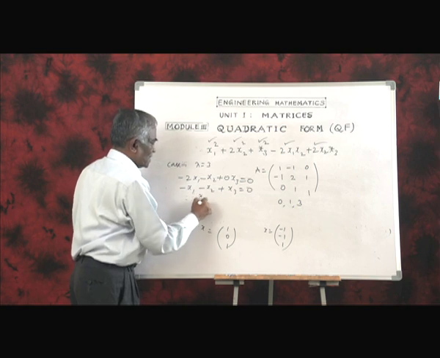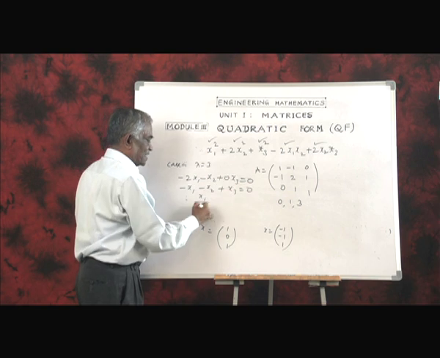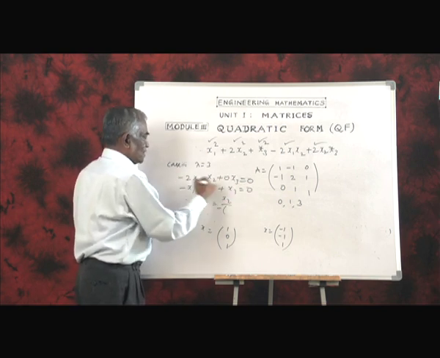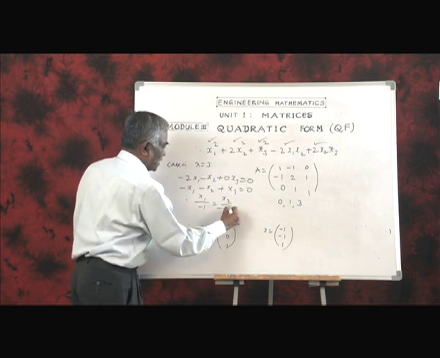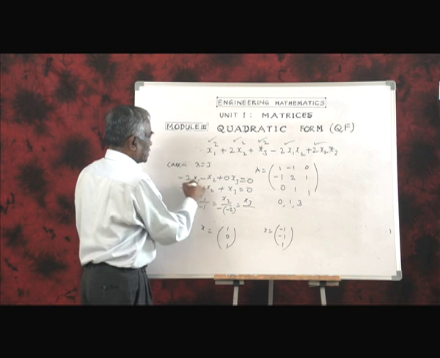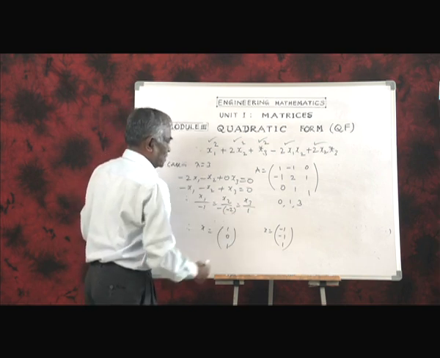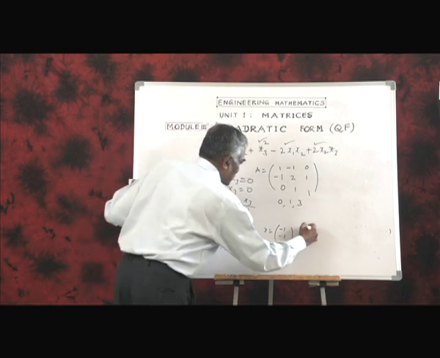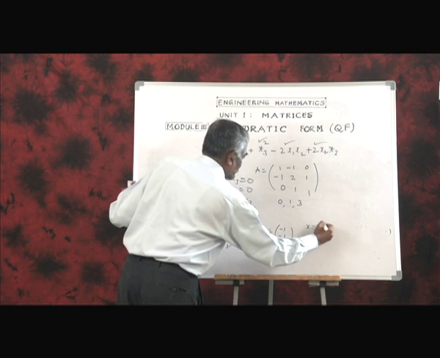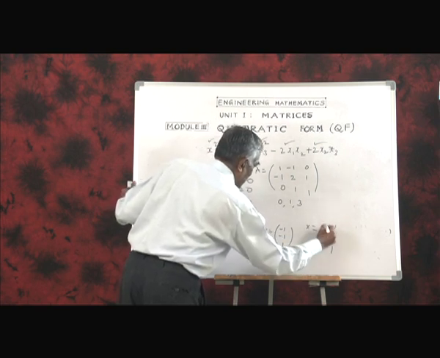So we got x1 divided by this product, that is minus 1, is equal to x2 divided by minus of minus 2 plus 0, so minus 2. Then x3 divided by this product is 2 minus 1, that's equal to 1. So we can write the third eigenvector as x is equal to minus 1, 2, 1.